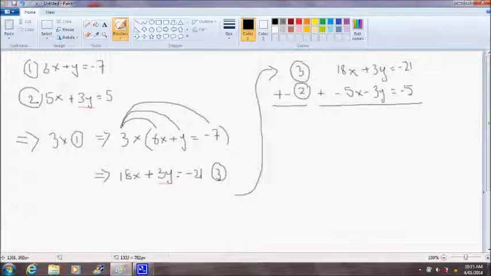Okay, so now adding all the different parts together, we'll have negative 21 plus negative 5 will give us negative 26.